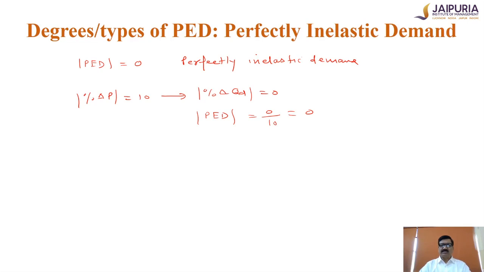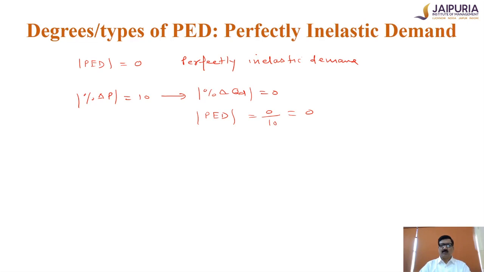So we are left with three concepts, that is elastic demand, inelastic demand, and unitary elastic demand. As far as unitary elastic demand is concerned, it is just by chance that it may happen. Then what are the most realistic concepts of price elasticity? That is elastic demand and inelastic demand.